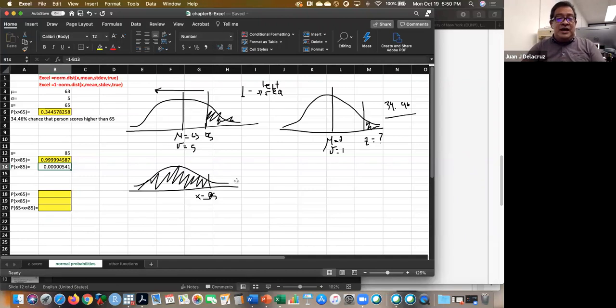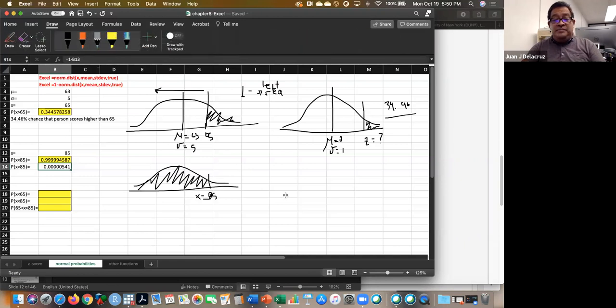So now we have this, and we can do the area under the curve, right? For this value greater than 85, the area under the curve is 85. Sorry.